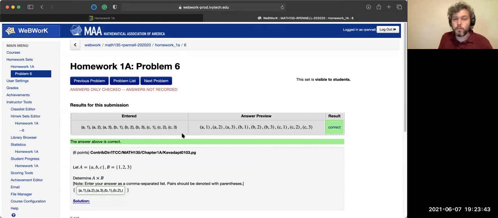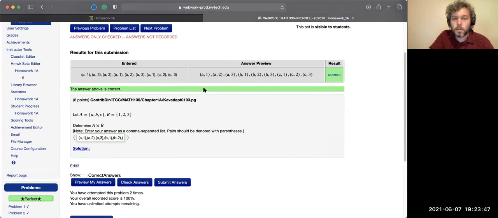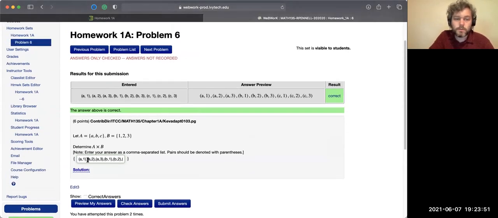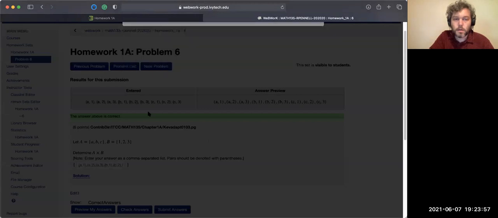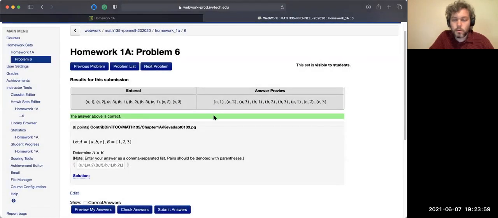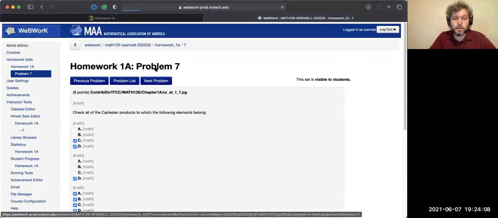It would be a good idea to be sure that you are typing it correctly. Once you've typed it, you can click submit answer, and it will tell you what you have entered and what it understood it to be, and if it's green, that would be correct. That's how it signifies a correct answer.